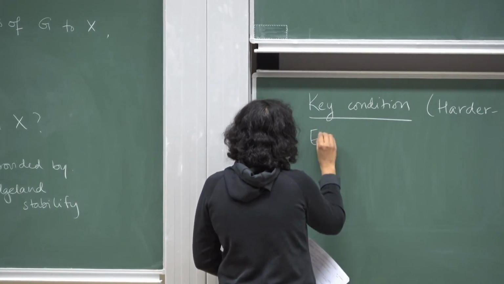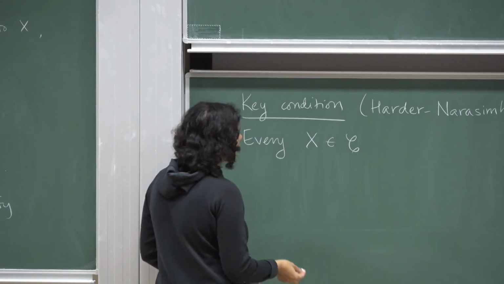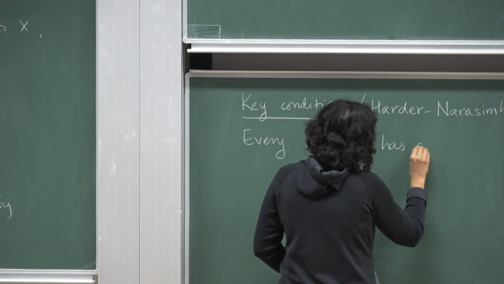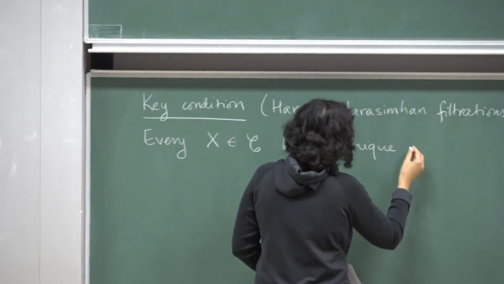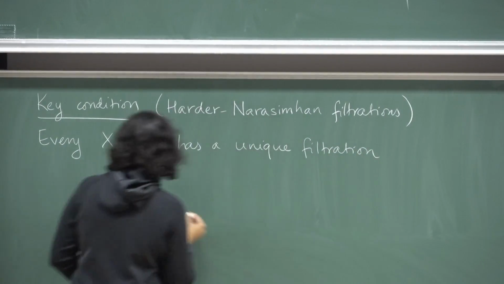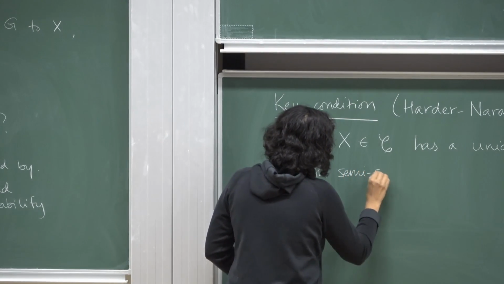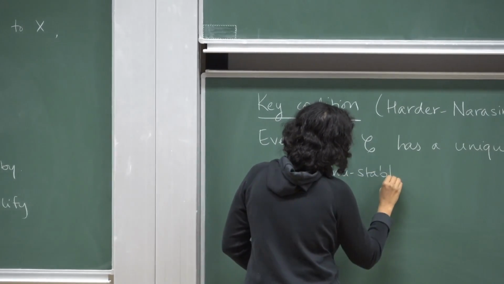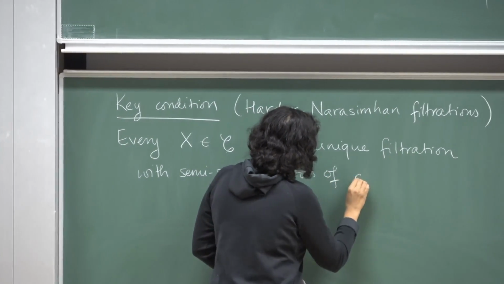Every X in C, whether semi-stable or not, has a unique filtration with semi-stable factors of decreasing phase.